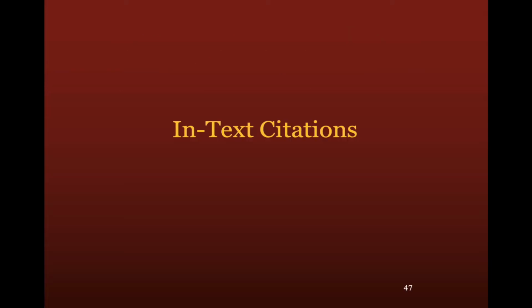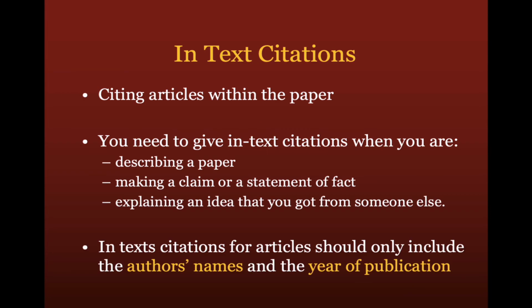Now let's talk about in-text citations. In-text citations are when you're citing articles within your paper. And there are a few cases in which you need to use in-text citations. Definitely when you're describing a paper that you've read, trying to provide details on that paper. If you're making a claim or a statement of fact that you got from somewhere else, or if you're explaining an idea that you got from somewhere else.